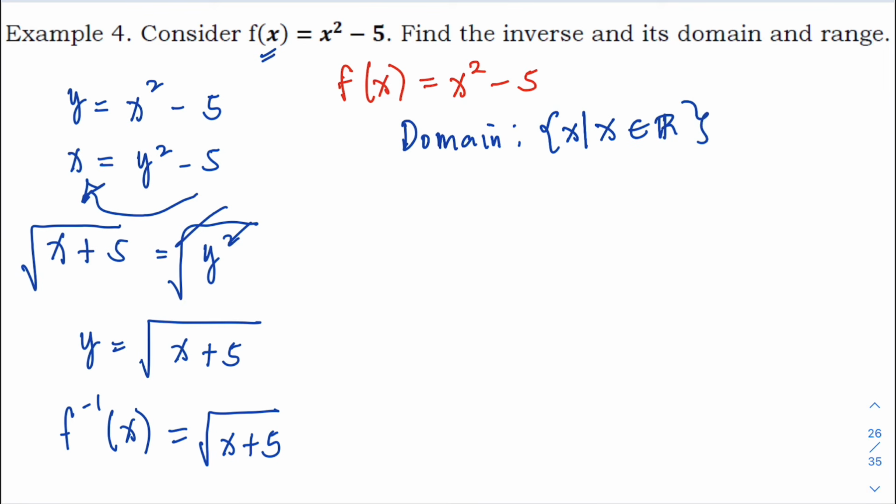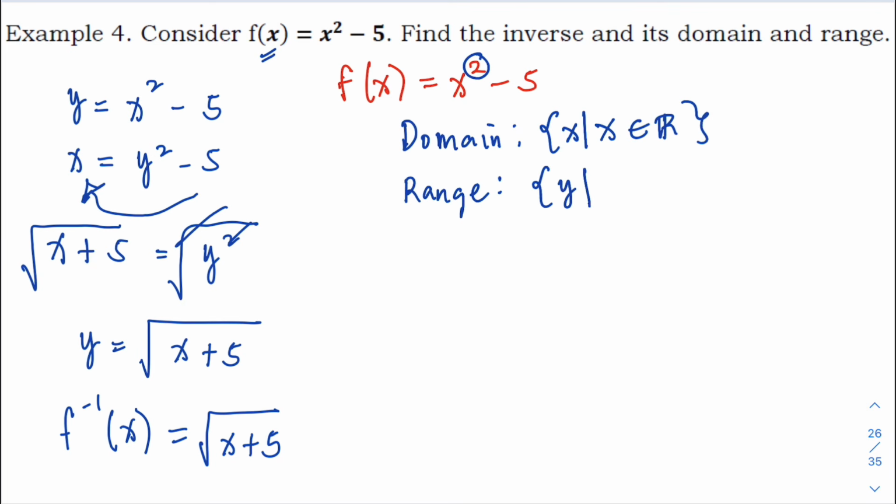Tama? Then sa range naman, so sa range natin guys, since naka-square yung ating domain, ibig sabihin, yung output natin diyan is laging positive. Tama guys? Ibig sabihin kung kahit maglagay tayo ng negative x values, ang output niyan is positive. So ngayon ano kaya yung mga magiging range lang natin doon? Okay? So sabihin na natin nag-start tayo sa 0.